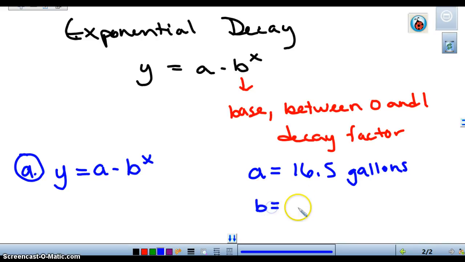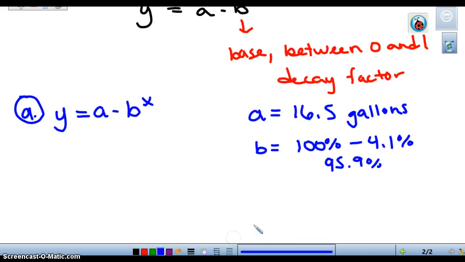How much has it decreased? 4.1%. So b is going to be equal again to our 100% minus 4.1%. Why minus? Decay is becoming less. So this means 95.9%. We have to convert this to a decimal, so 0.959.